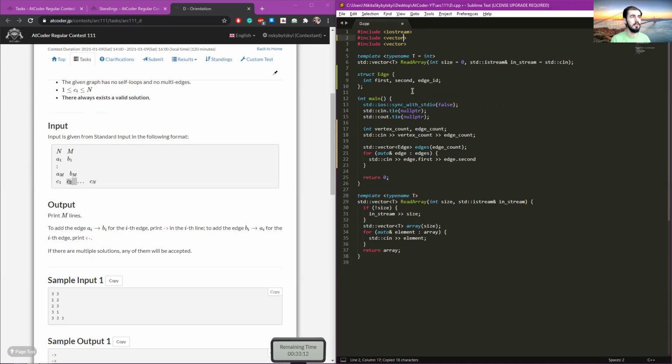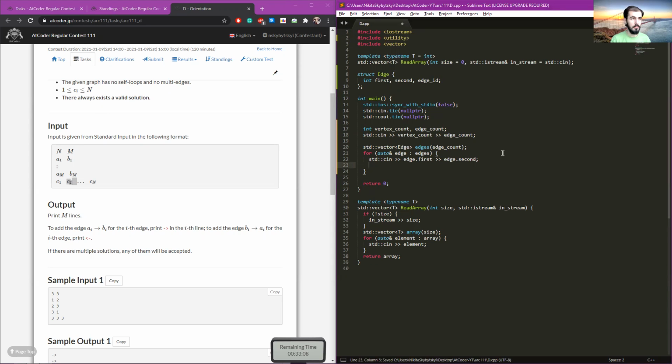We again need a utility, by the way. Actually, this is not great.